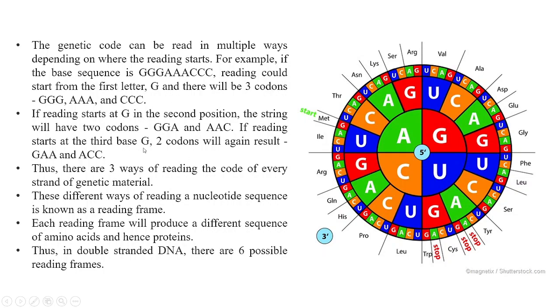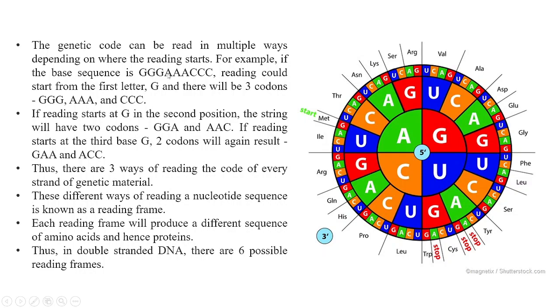If reading starts from the third G, then it will be 2 codons, like GAA. Depending on exactly which letter the reading starts at, different amino acids come to form the protein. So there are basically 3 ways of reading the code of every strand of genetic material.